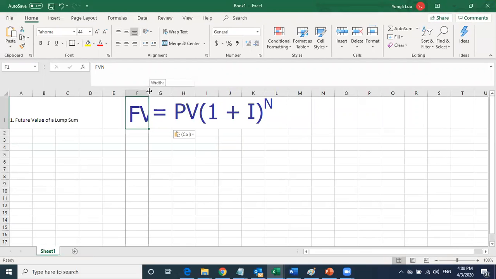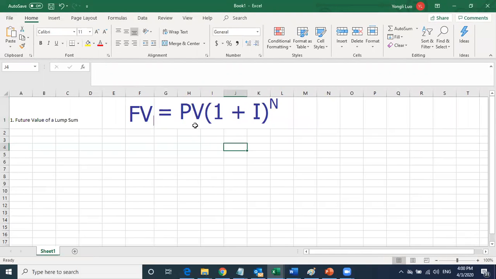The future value is equal to the present value times 1 plus the interest rate, raised to the power of n. For this type of question, your present value is $100, your interest rate is 10%, and the number of time periods is 3 years.